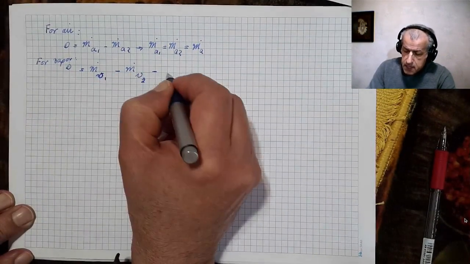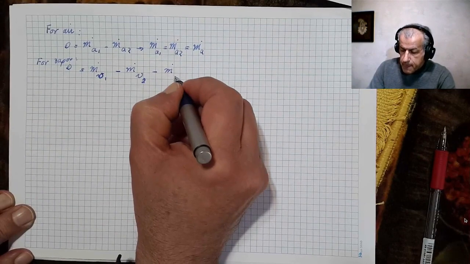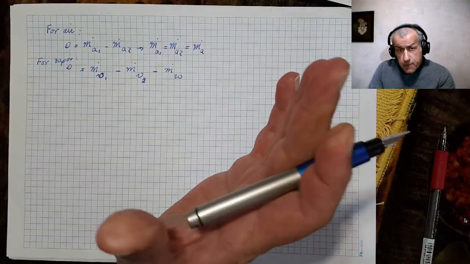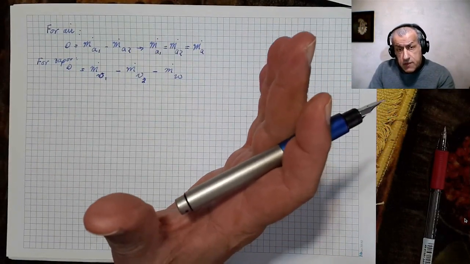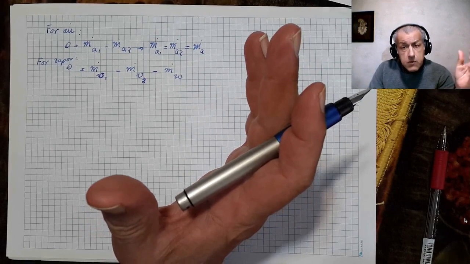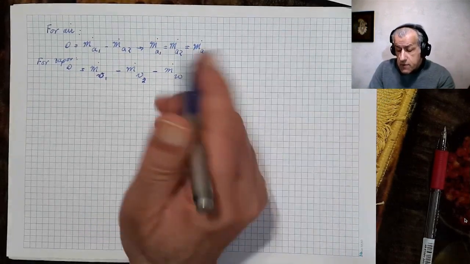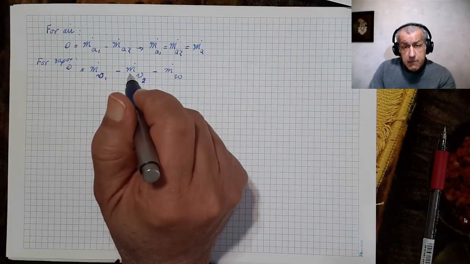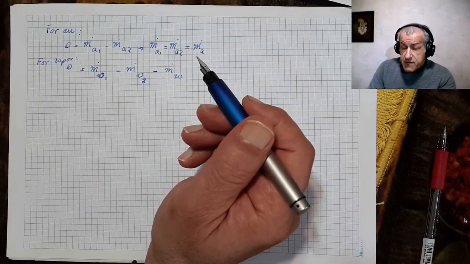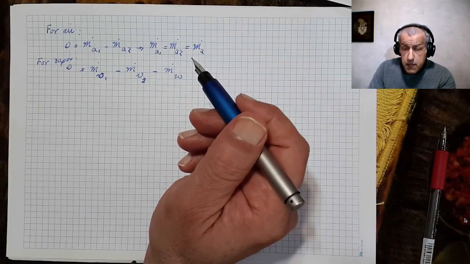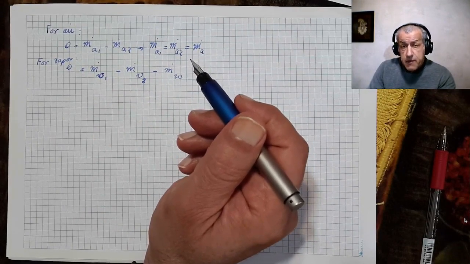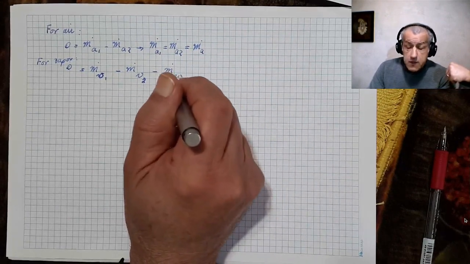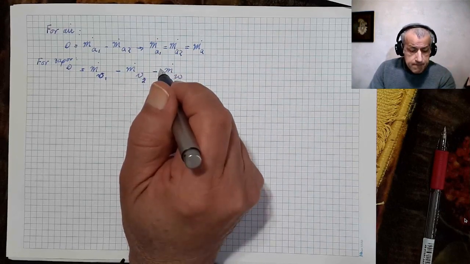Some water condensates. So m dot water that condensates. If in some air conditioning process we spray water into air, which we do sometimes, then this would be a plus. This would add to the incoming water mass flow rate, vapor mass flow rate. Now here we expect some vapor to condensate and then go out, and therefore this would get a negative sign.